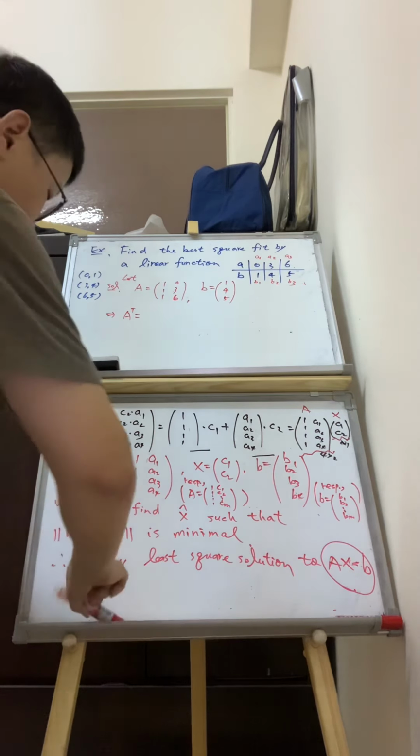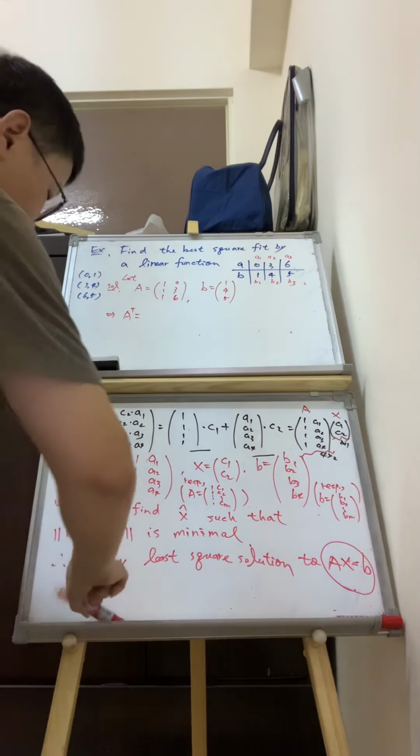The first row, second column is 1 times 0 plus 1 times 3 plus 1 times 6. The second row, first column is 0 times 1 plus 3 times 1 plus 6 times 1. And 0 times 0 plus 3 times 3 is 9 plus 6 times 6, 36. So it's 3, 9, 9, 45.